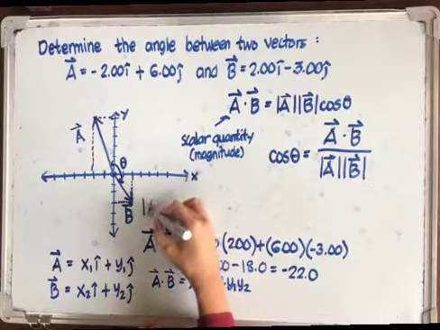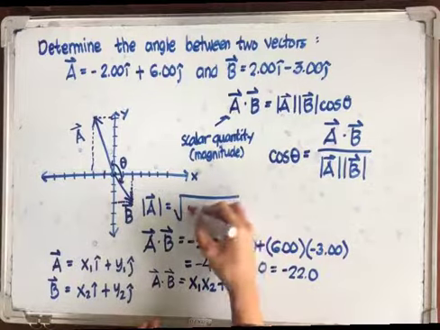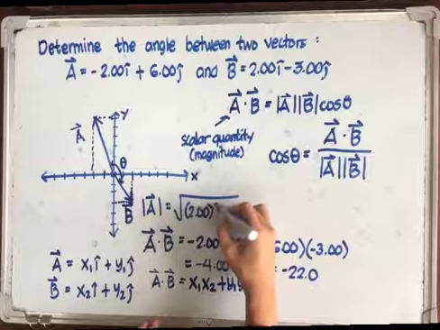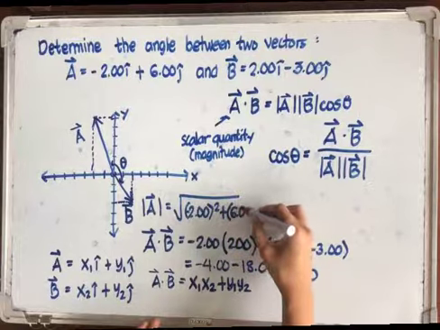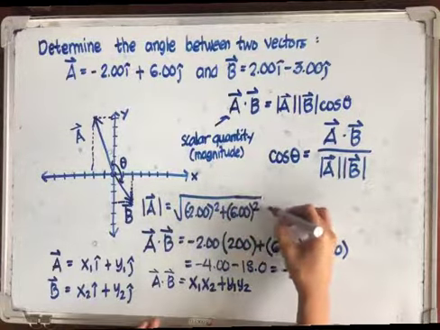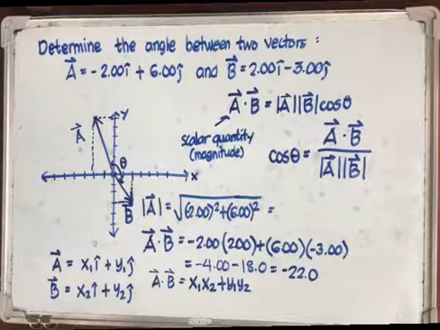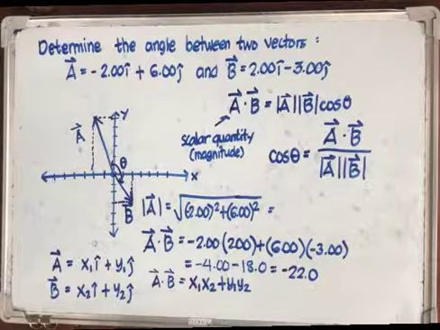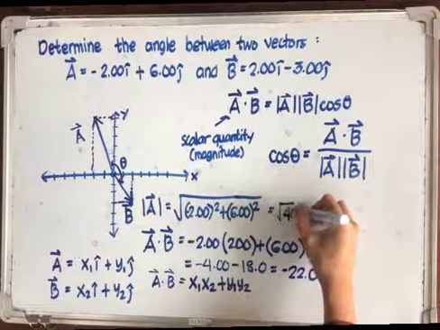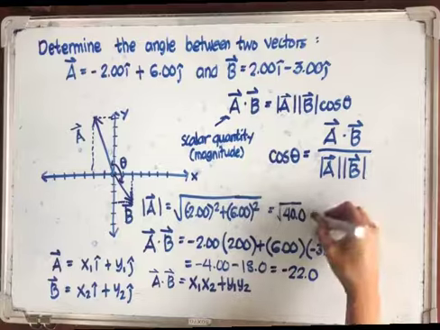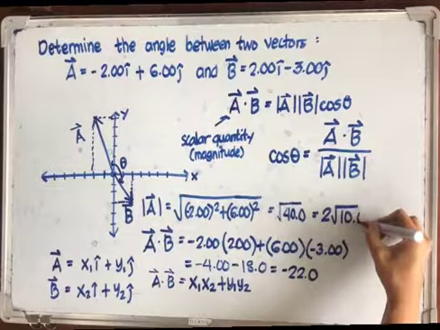So that the magnitude of A is the square root of the x component squared, that's 2.00 squared, plus, that's negative by the way, no, I'm sorry, negative yan, 6.00 squared. This is 2 squared plus 6 squared pala. That would be 40. Okay, that would be square root of 40.0, or that is basically 2 square root of 10. Ganda lang natin 10.0.